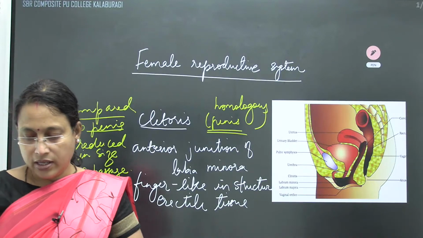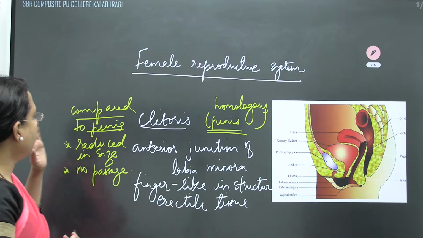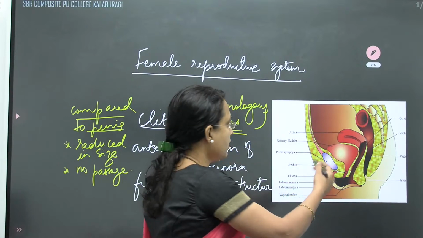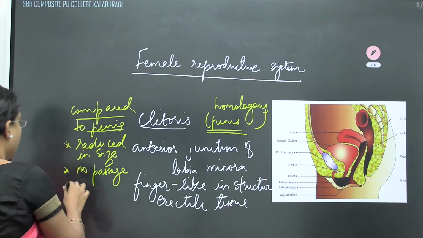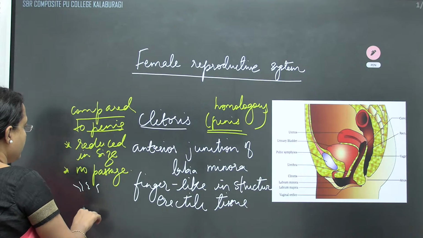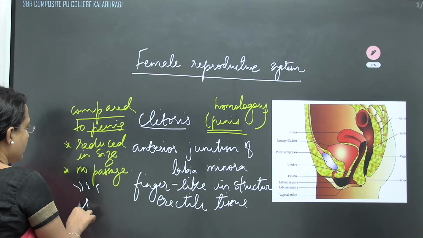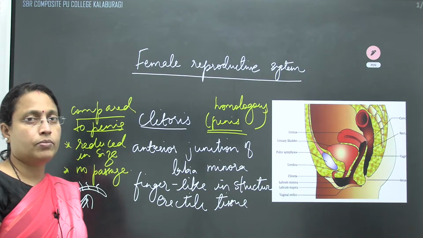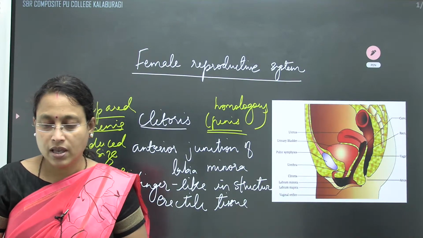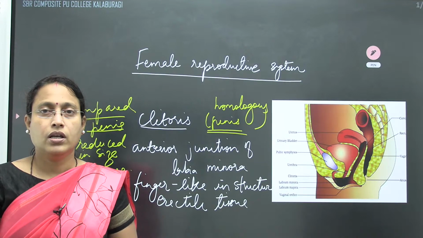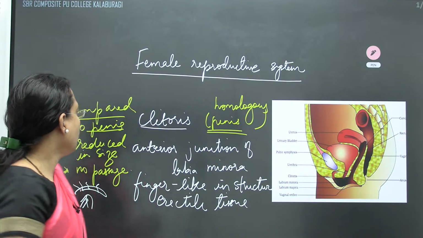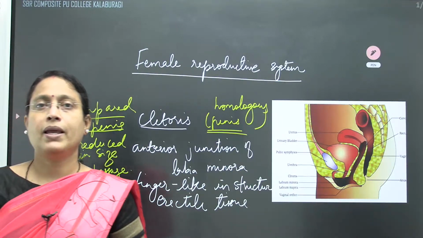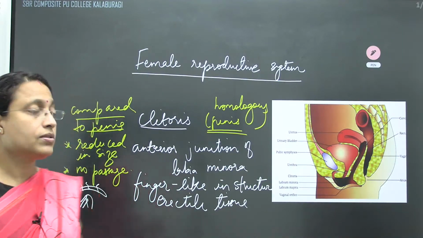Anterior to it, that is above the clitoris, what is going to be situated? Again in the same diagram, above the clitoris will be the labia majora, then above it again will be the mons pubis. So this was about the structure present in the anterior junction of the labia minora, called the clitoris.